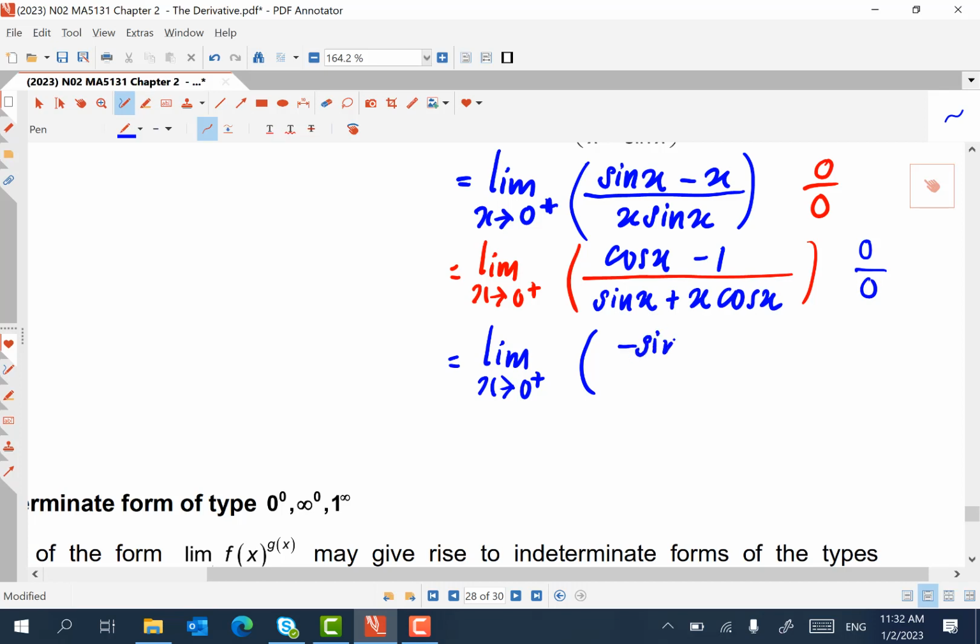Yeah, not the quotient rule, no. Just differentiate the top and bottom separately. Just differentiate them separately, no. And this gives you 0 over something.